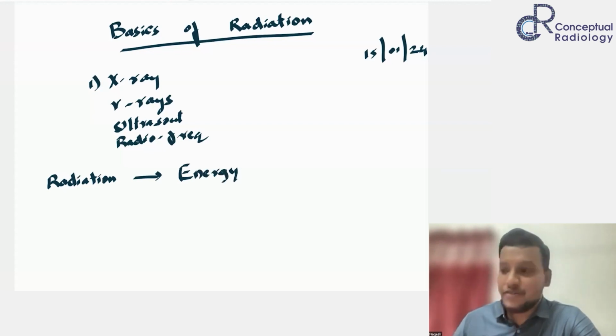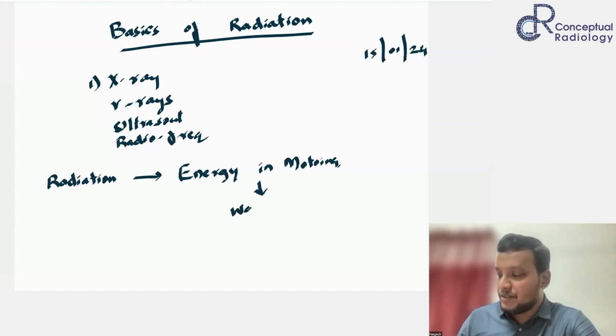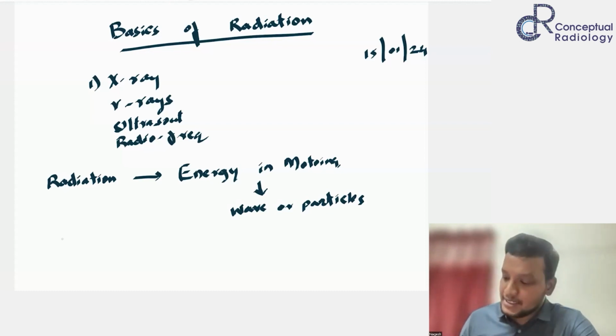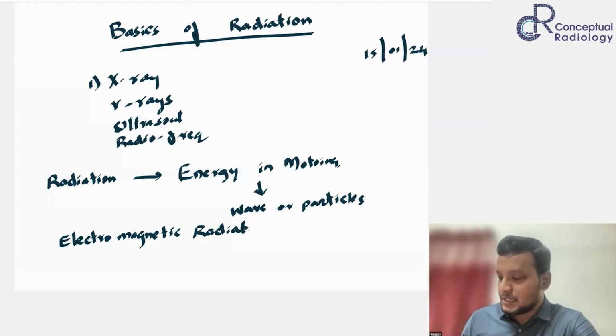Radiation can be defined as energy in motion. This energy travels in space or in the given medium, either in the form of waves or particles. There are different types of radiations, like electromagnetic radiations, which include X-rays and gamma rays.